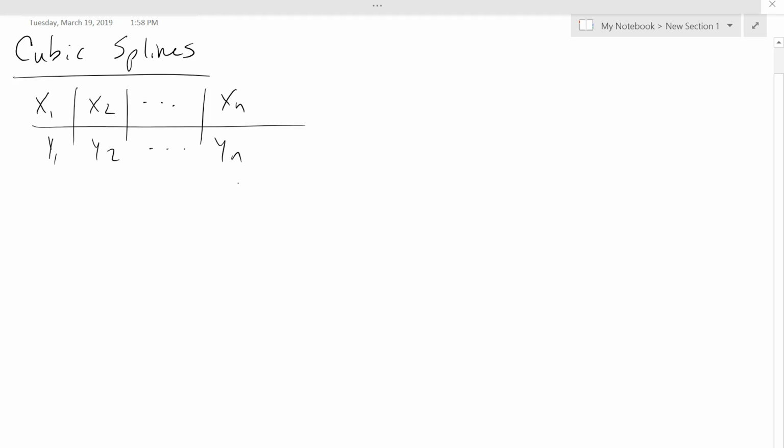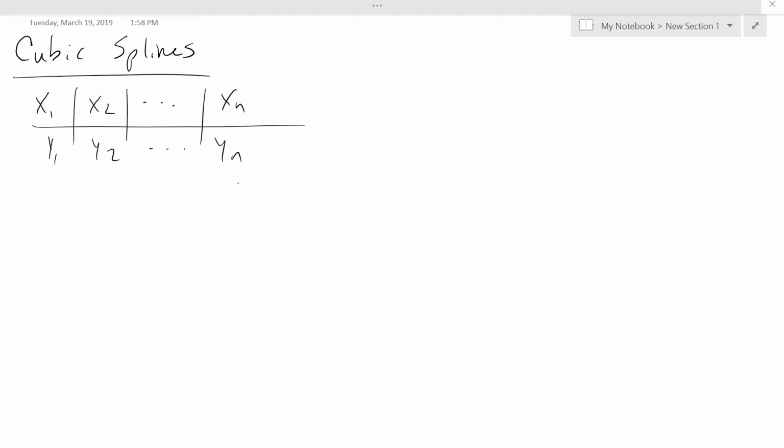Remember again, we'll have a function that's defined from x1, y1 to x2, y2. We switch when we get to x2 and go from x2, y2 to x3, y3, and so on down the line. So if I've got n points, we'll have n minus 1 functions that we're dealing with, right? Okay.